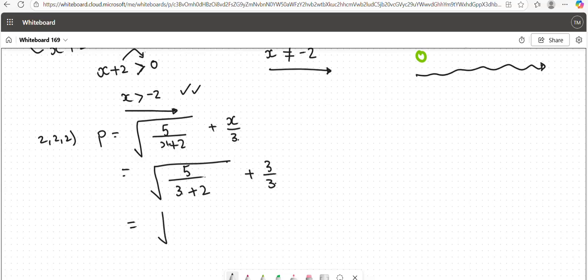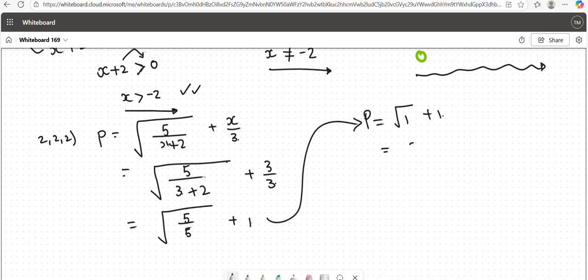And what you were getting underneath the root is a 5 over 5 plus a 1. And this is just the square root of, remember p on this side, the square root of 1 plus 1. And that just gives me a 2. So clearly that is a rational number.